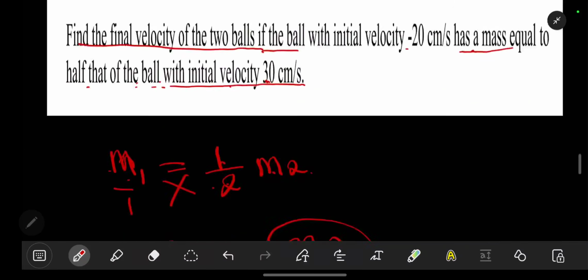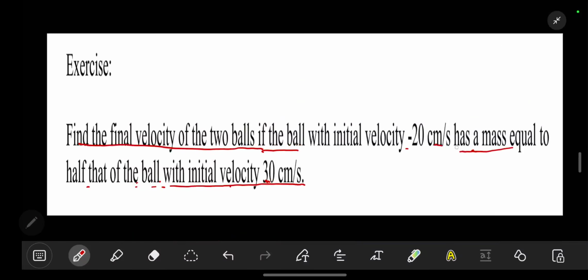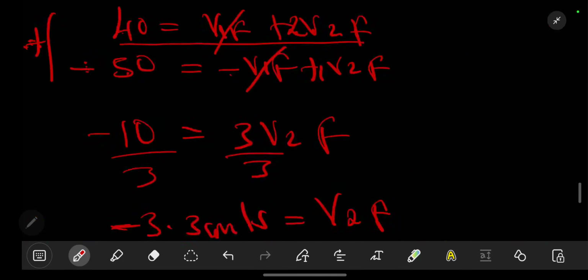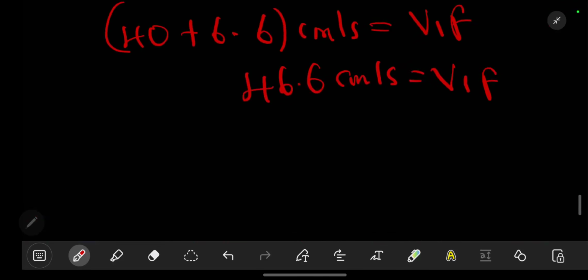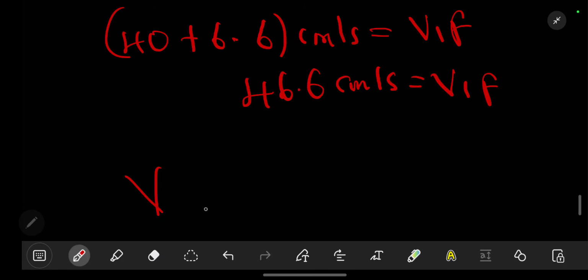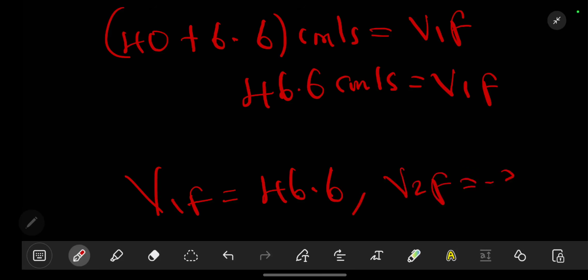So they gave us the units to be in centimeters per second. So our V1 final is equal to 46.6 centimeters per second. Our V2 final is equal to negative 3.3 centimeters per second. So that is how we deal with those questions.